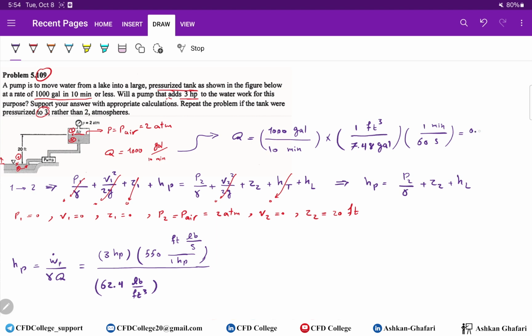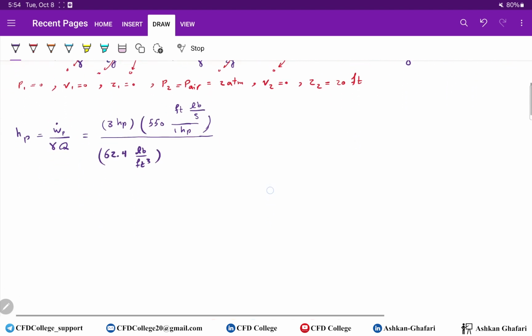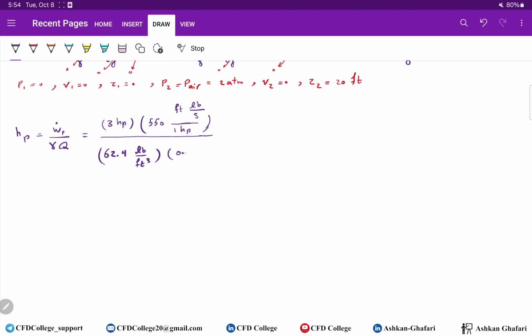So we have 0.223 cubic feet per second. Now we have Q, we can replace it. 0.223 cubic feet per second.